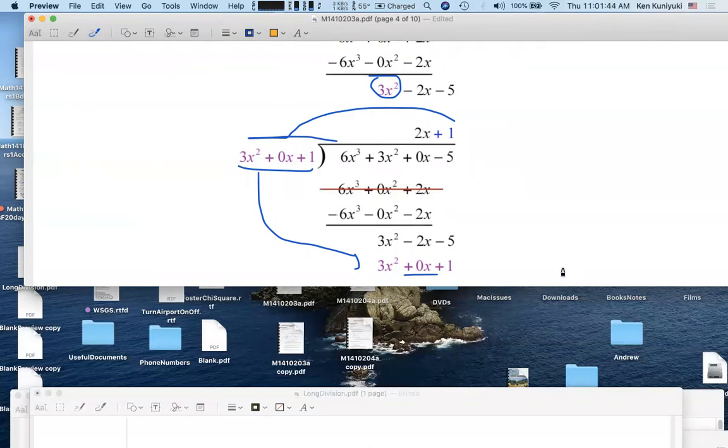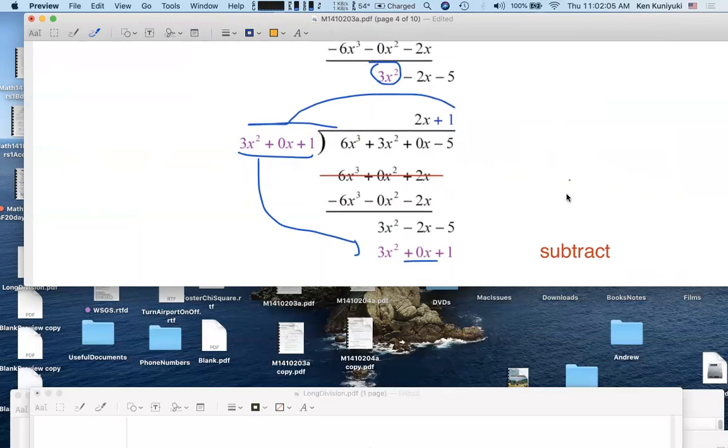And again, what do we do? We've taken the product here. What do we do with this product? We subtract it now from that dividend. But remember, you're much better at adding than subtracting. When you subtract something, you're adding its opposite.